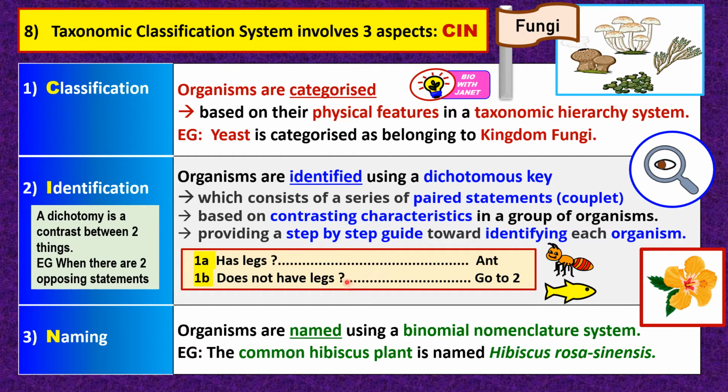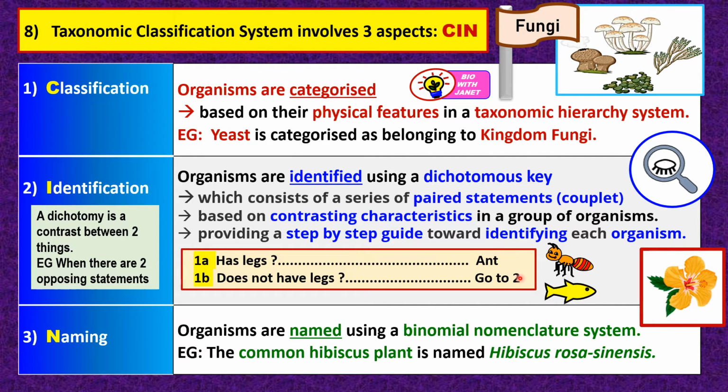Firstly, we can state that if the organism has legs, it is an ant. The ant has six legs, and the fish and the worm do not have any legs. Next, the second statement in the couplet is does not have legs, go to 2.